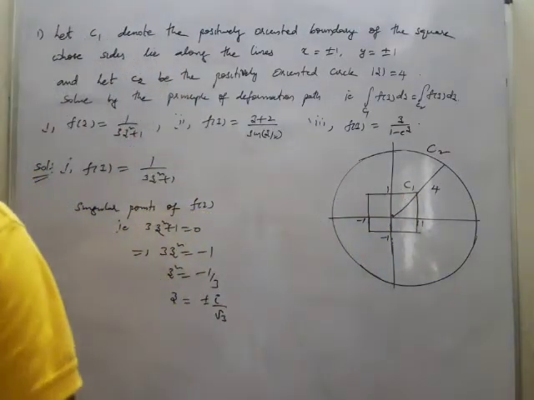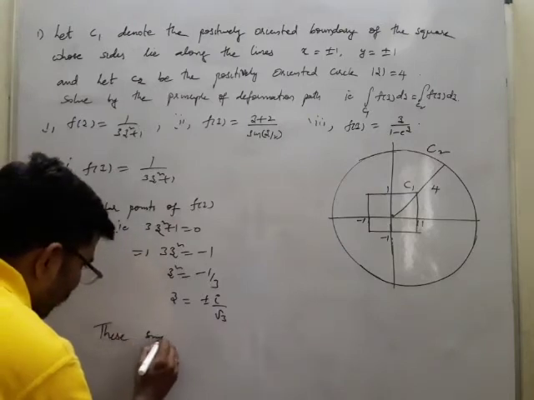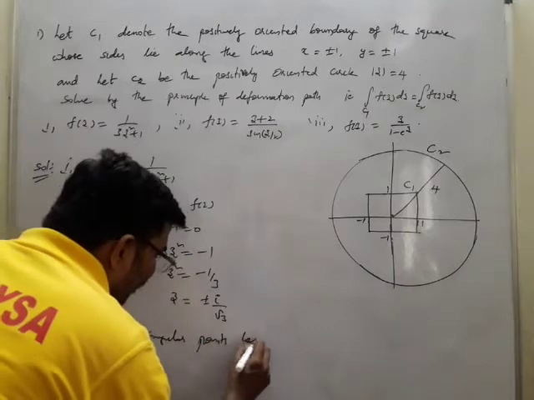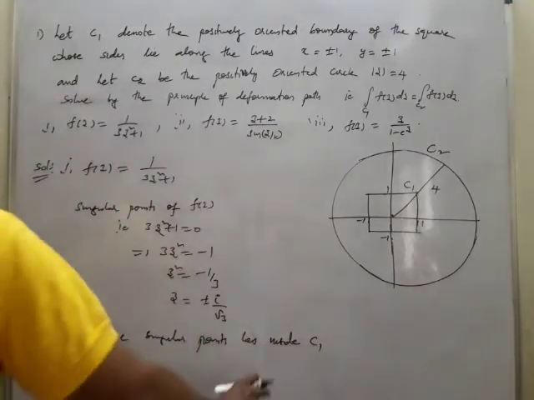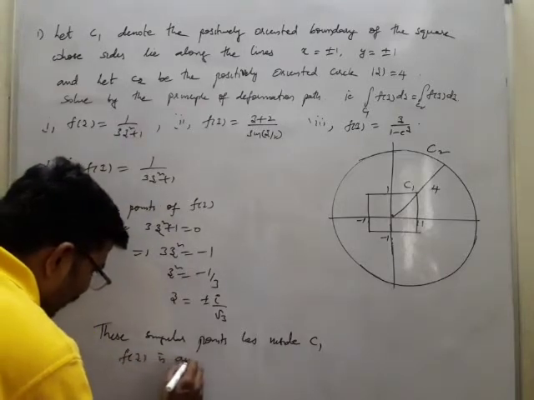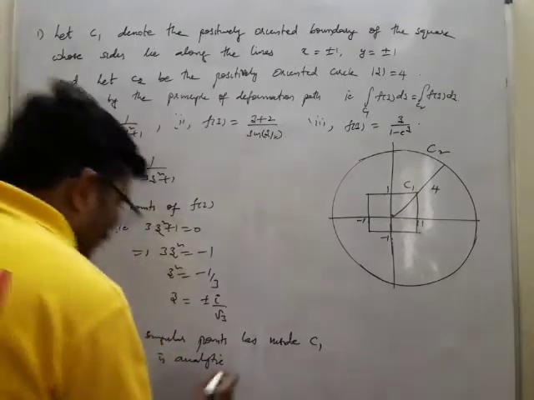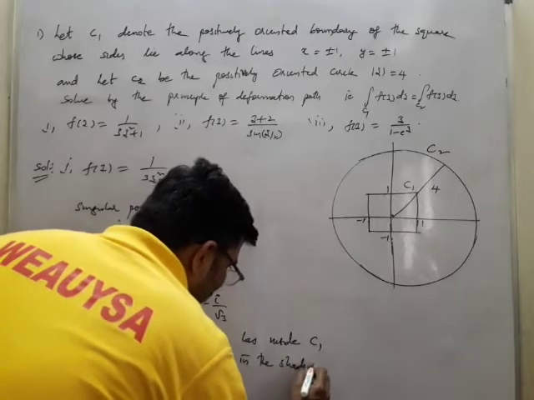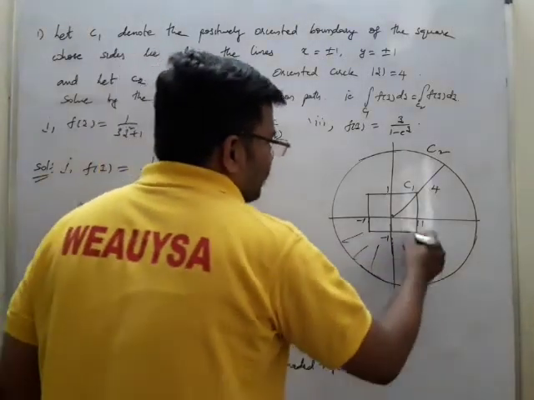So we can say that these singular points lie inside C1. f(z) is analytic in the shaded region, which is the region between them.